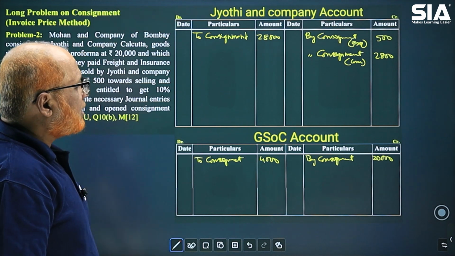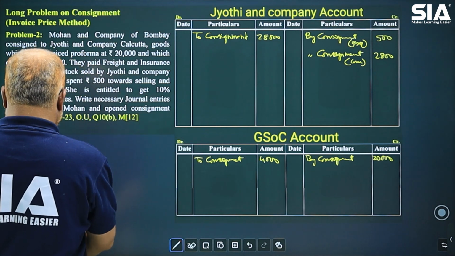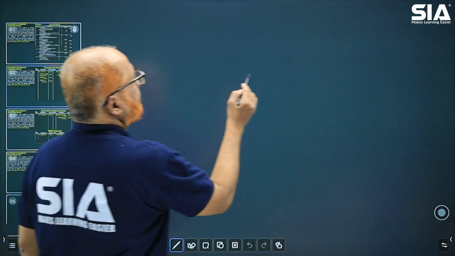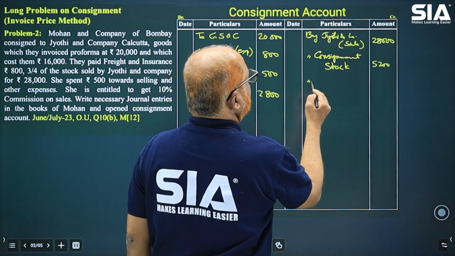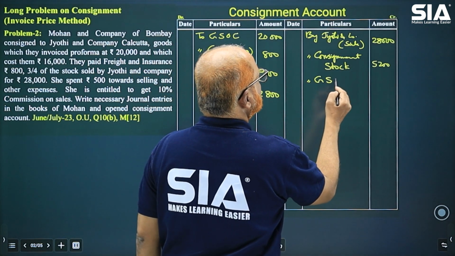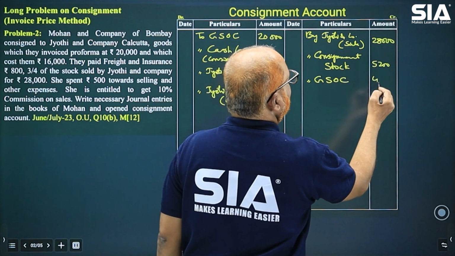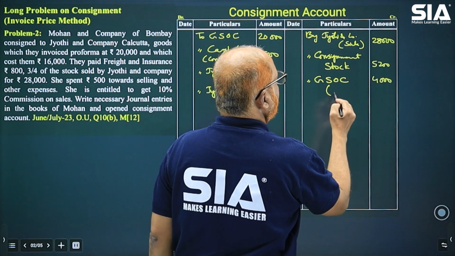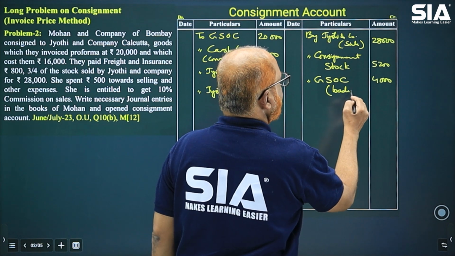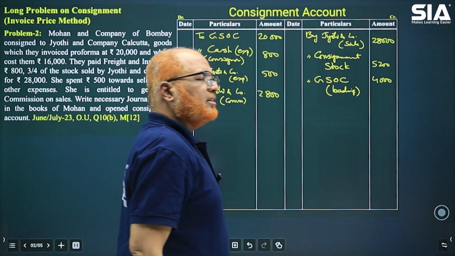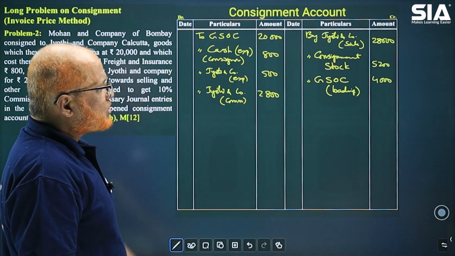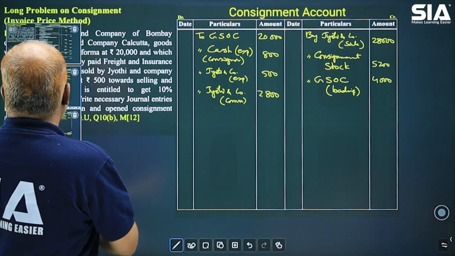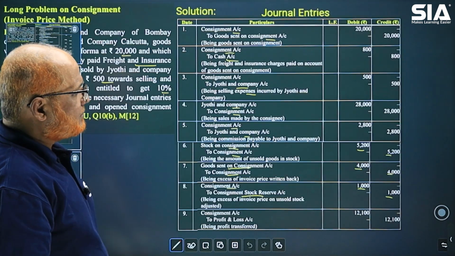And consignment account should be credited by goods sent on consignment 4,000. This is the total loading. That's all. So we have posted the entry for total loading 4,000.